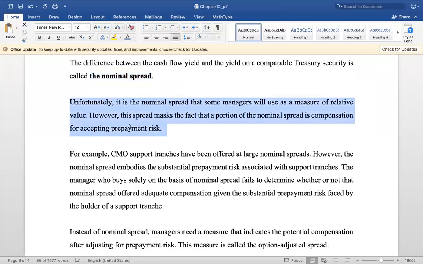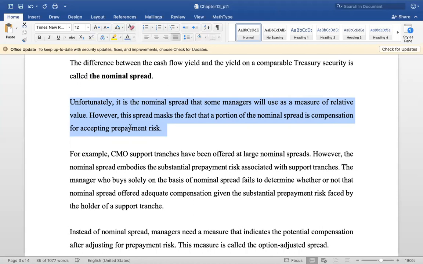For example, CMO support tranches have been offered at large nominal spreads. However, the nominal spread embodies the substantial prepayment risk, which means it does not compensate you for that risk.